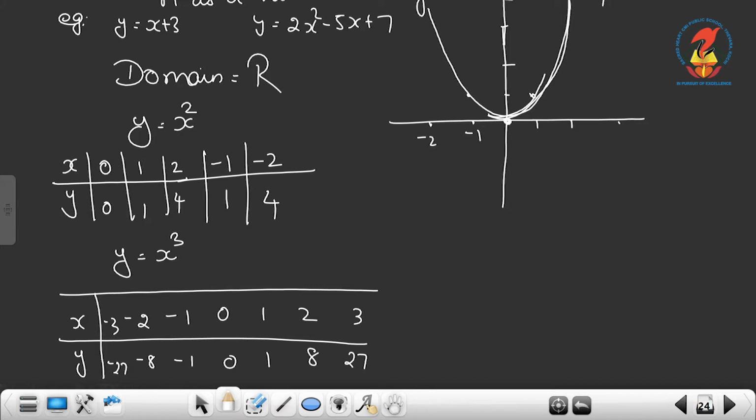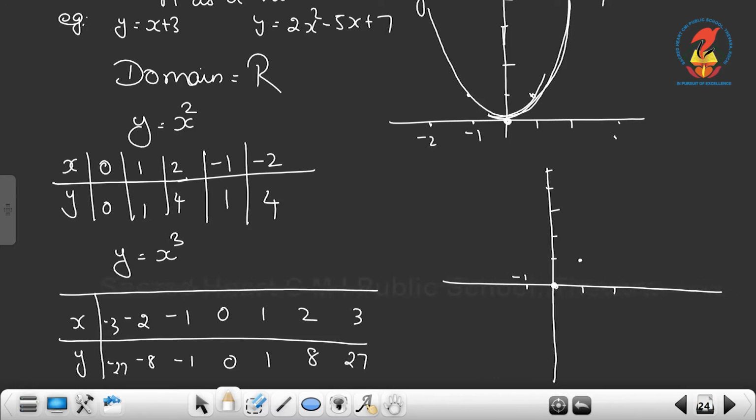So 0, 0, 1, 1, 2, 8 means up here somewhere.